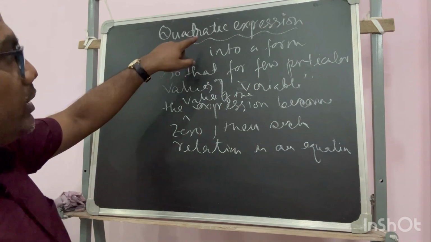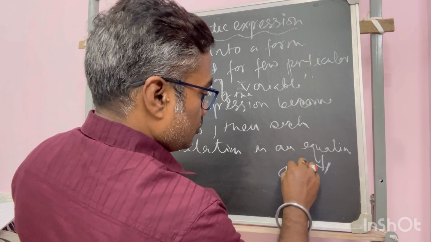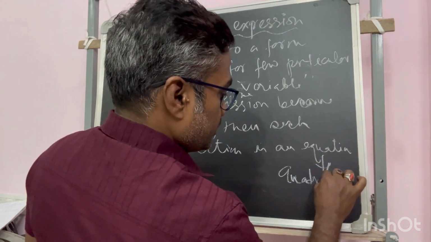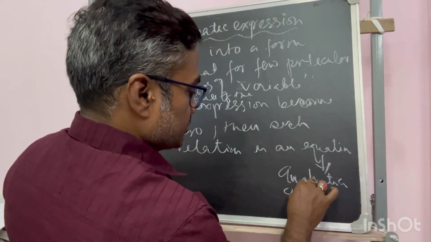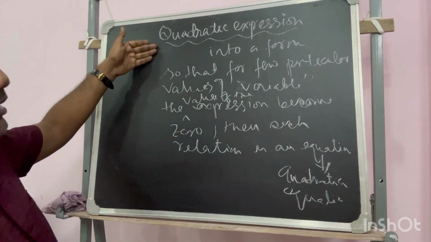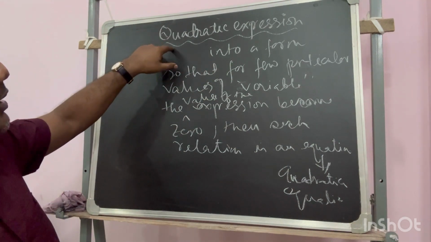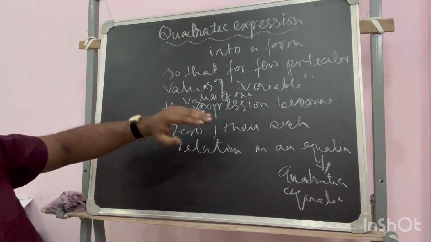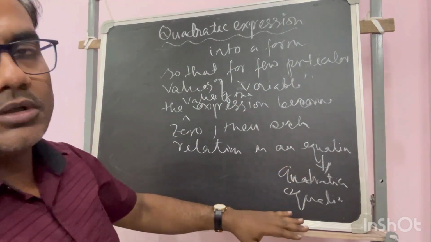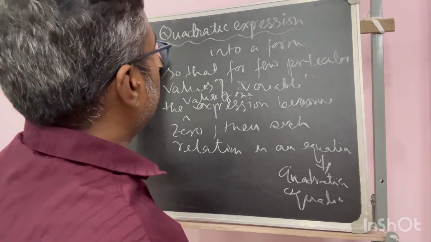So if it is a quadratic expression, then the equation will be called a quadratic equation. Simply, if it is linear, then linear equation. If it is polynomial, polynomial equation. But specifically, if a quadratic expression for a few values of the variable becomes 0, then that is called the quadratic equation. Okay, understood the definition?